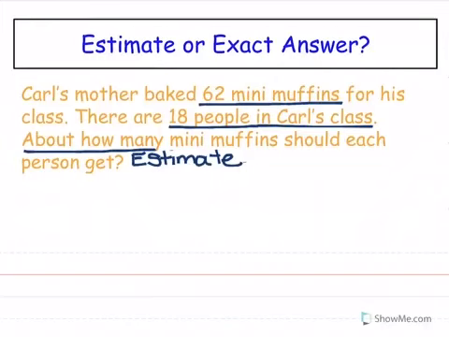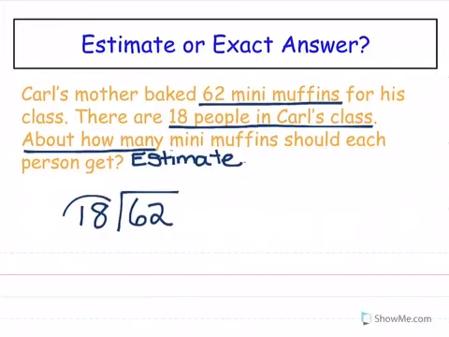All right, so let's see. If we have 62 muffins and 18 people, let's go ahead and round these to the nearest 10.